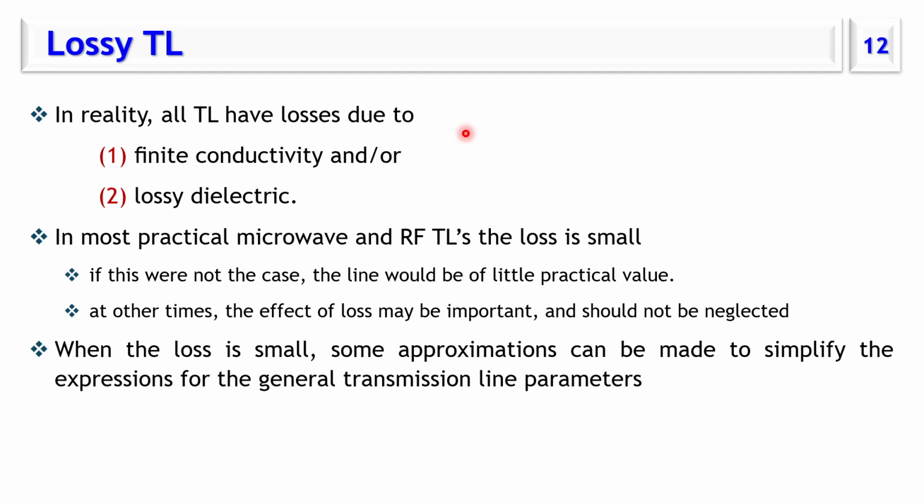The other part is the dielectric material. Any transmission line must have a dielectric material between the two conductors, and this dielectric material is not a perfect insulator. It also has some losses, and we represented these losses with the G in the lumped element model.